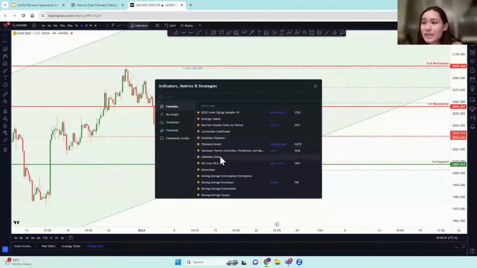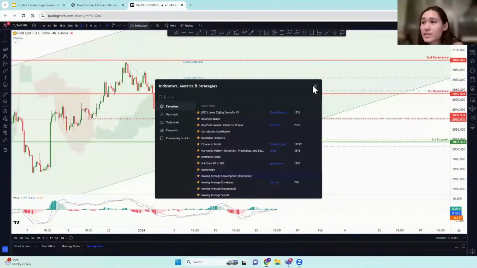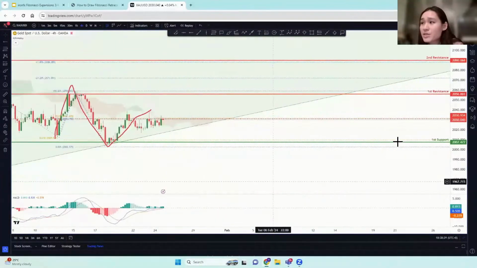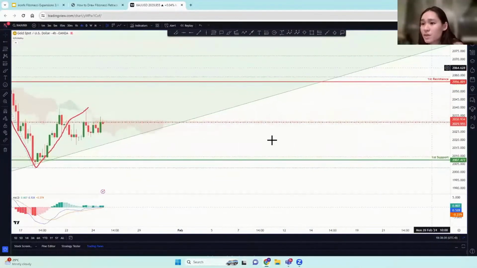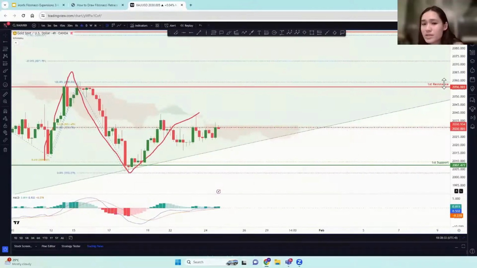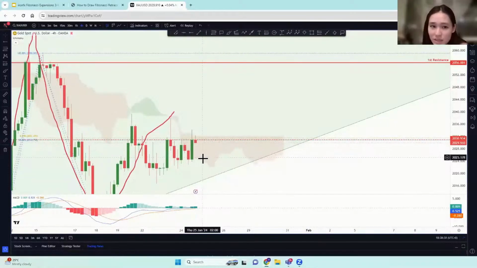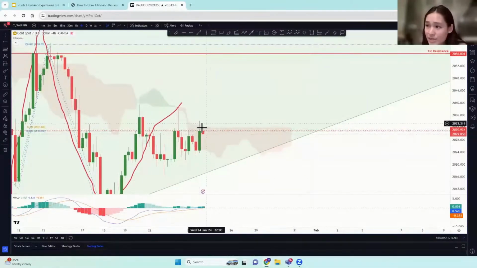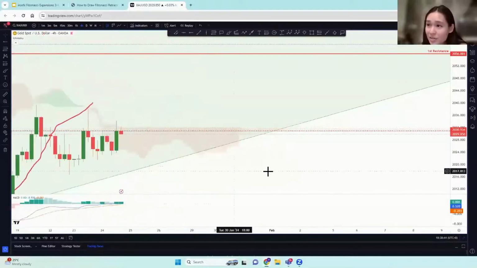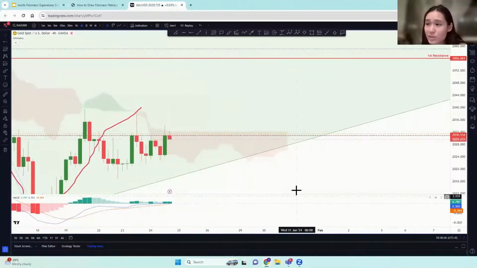Now let's pull out some indicators to support our analysis. So on our Ichimoku, looks like price is moving within the cloud. So if it moves within the cloud, it doesn't really tell us much. Although it does look like it's exiting out of it if you look at the wick of the candlestick.